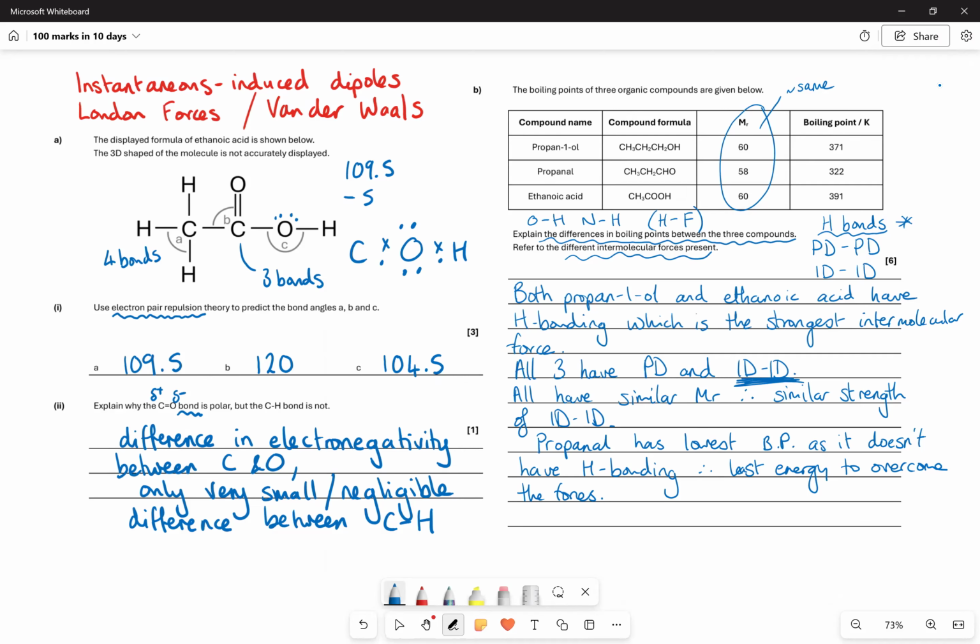Okay, now we have to explain propan-1-ol and ethanoic acid. So they actually have exactly the same MR, so they'll have the same London forces, but ethanoic acid does have a higher boiling point than propan-1-ol. So if you've gone through this system and you have identified which ones have got different intermolecular forces, now we're looking at two molecules which have the same intermolecular forces and the same MR, so they have the same type of intermolecular force.